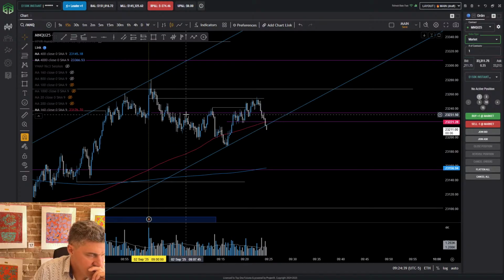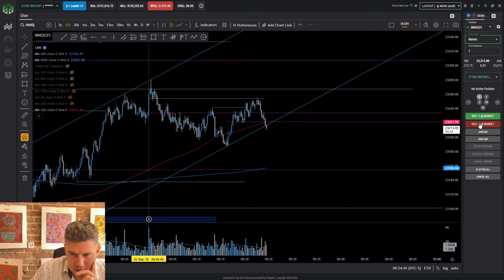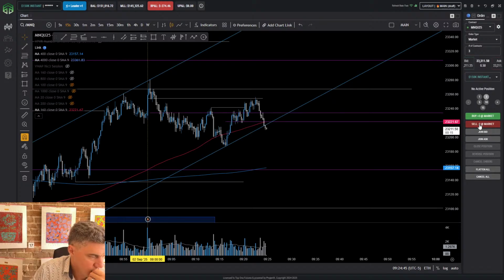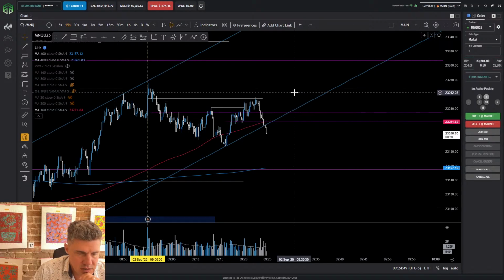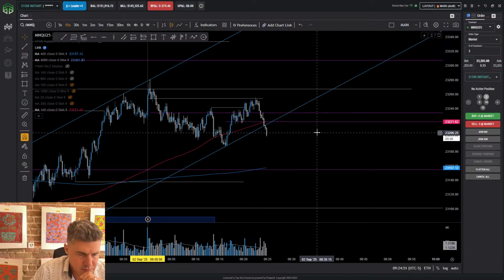Yeah, this reversal looks great on the 5 minute. Can I afford to trade is the question. Stop has to go way up there.